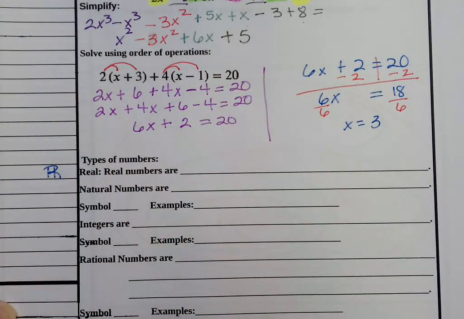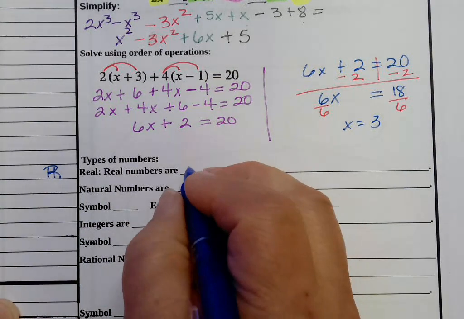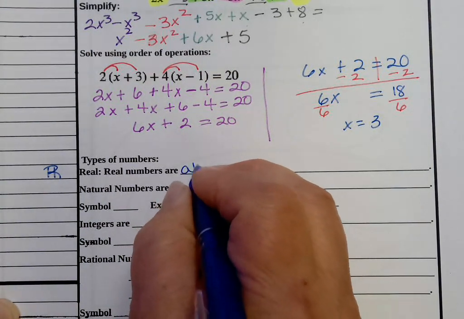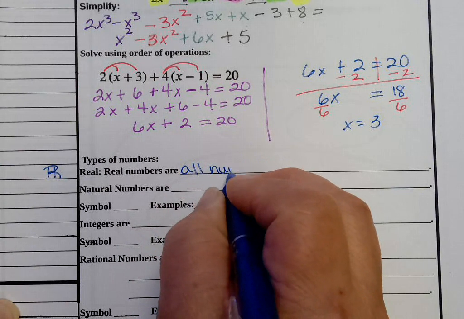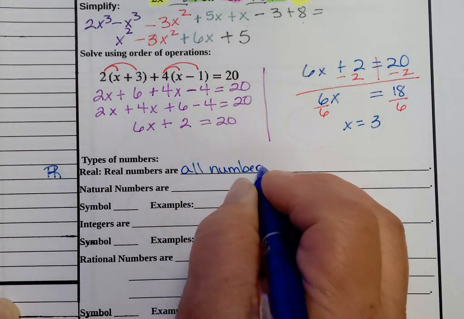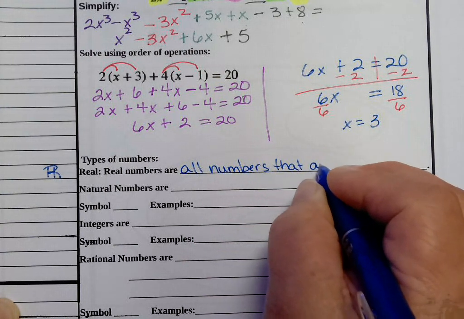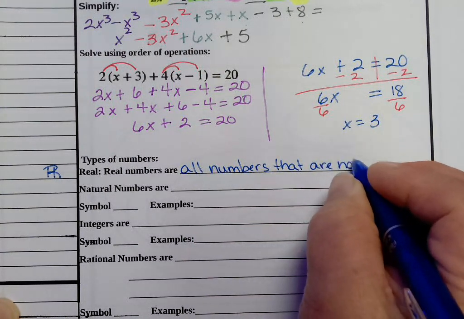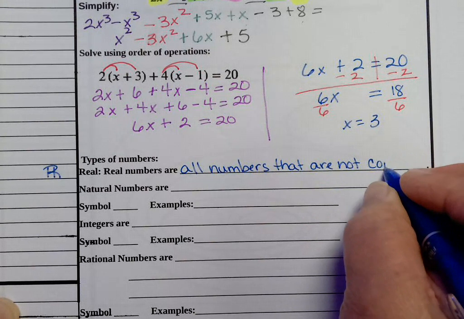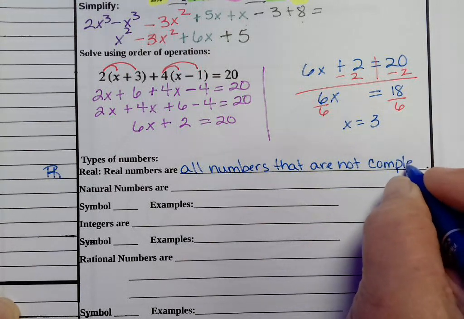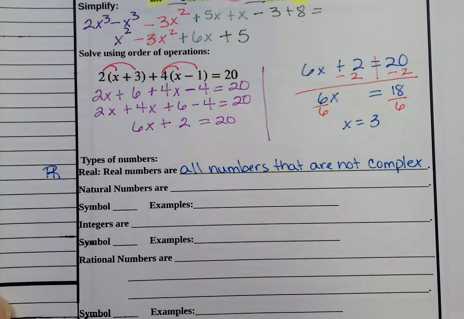Real numbers are all numbers that are not complex.